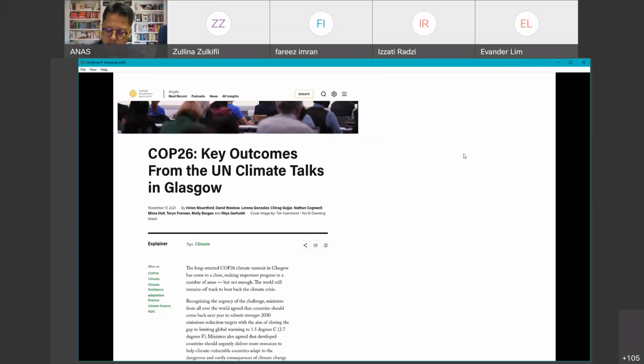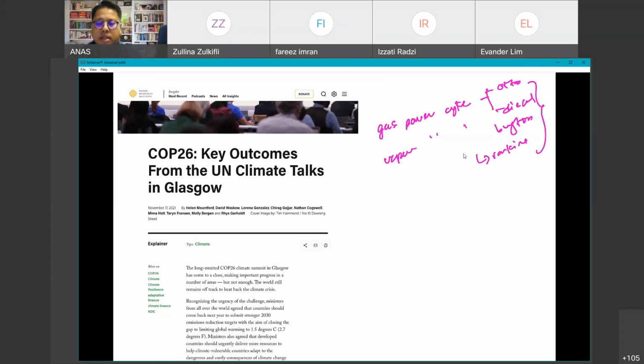And again, I would like to relate why we are talking about climate change in our class. Remember, we talked about the gas power cycle, and we talked about the vapor power cycle. This is Otto, this is diesel, and then we have Brayton, and right now Rankine. Do you notice the similarity between all the cycles?